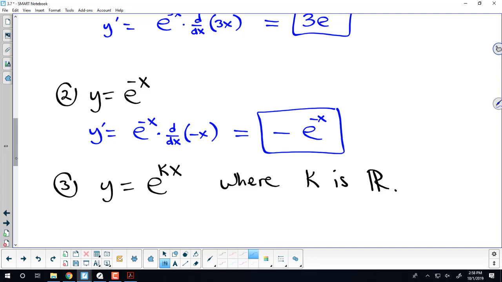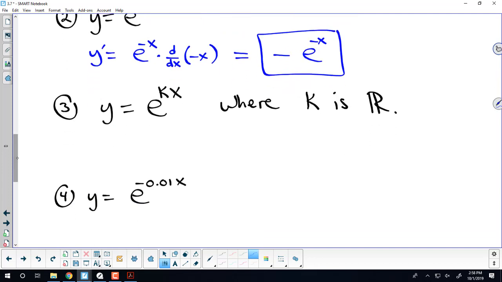So if k is a real number, what's the derivative of e to the kx? K times e to the kx. There's the function as it is, there's the derivative of the power.